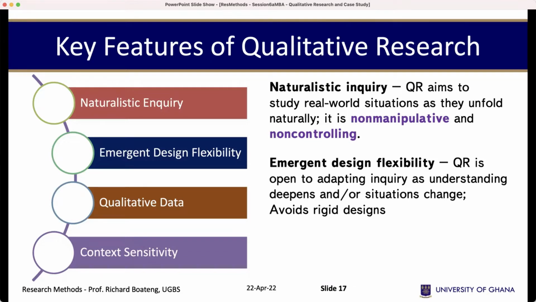If you are trying to study healthcare quality, you should be in that particular hospital and study the day-to-day activities to be able to judge quality. So in such a scenario, you are not going to manipulate it, you're not going to control, you're going to allow the data to play on its own, and you can study it and then write your report.